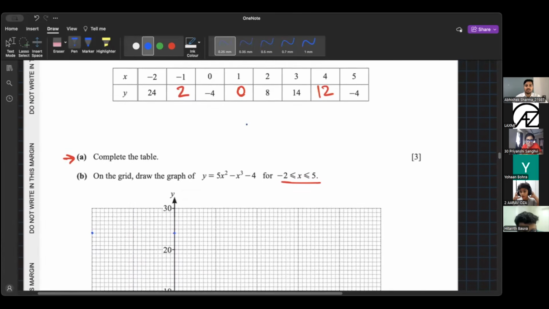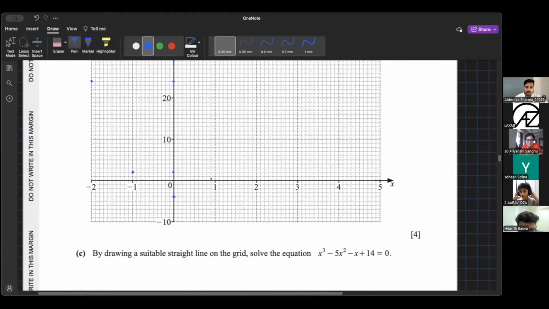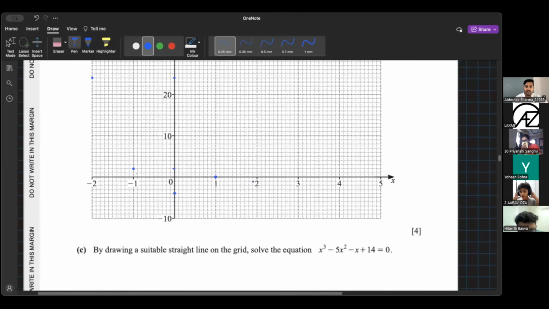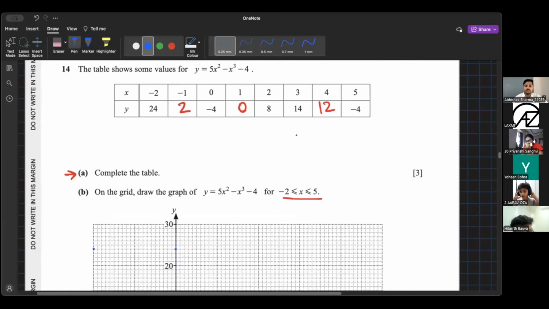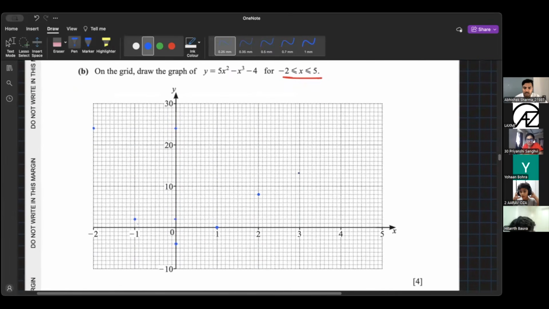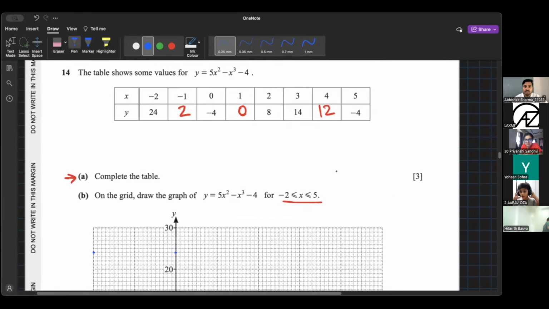At 1 it is 0, here. At 2 it is 8, so it must be here. At 3 it is 14. 10 is here, 14 over here. And at 4 it is 12.